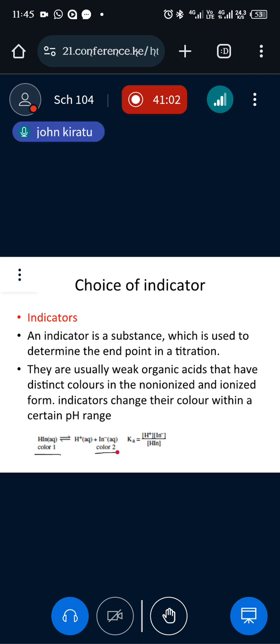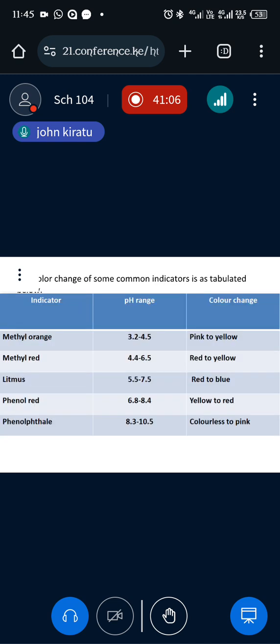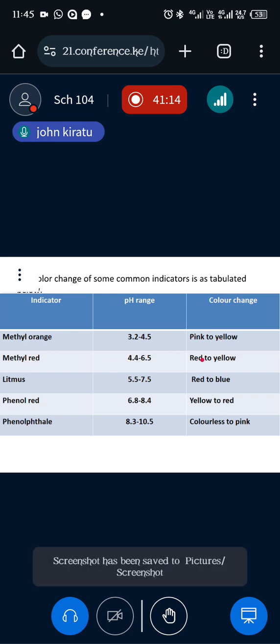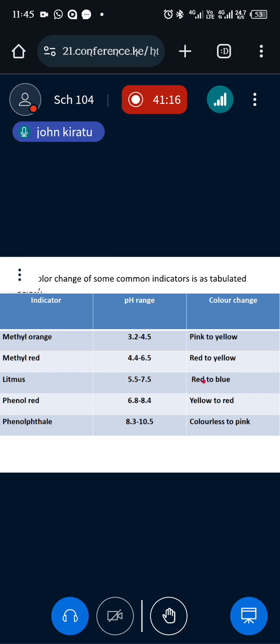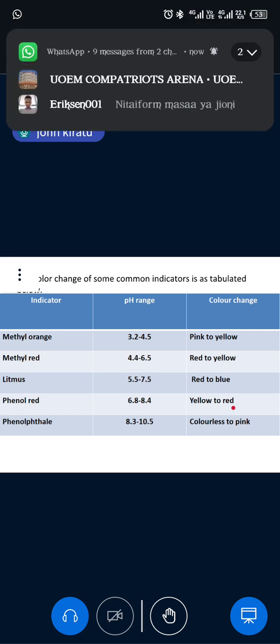So, just for instance, if we have methyl orange, we know that it changes from pink to yellow. We have methyl red, it changes red to yellow. Litmus, red to blue, we know that, and yellow to red. Now, why we usually use different indicators is because they change at different pHs.